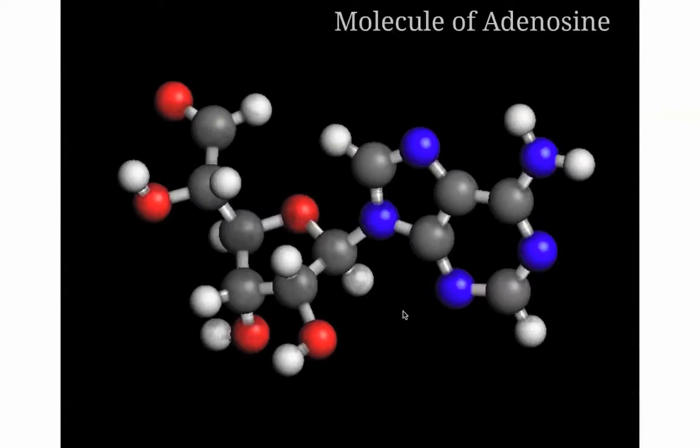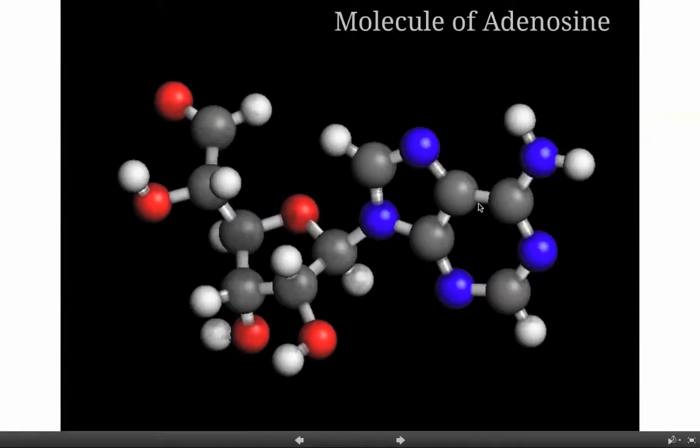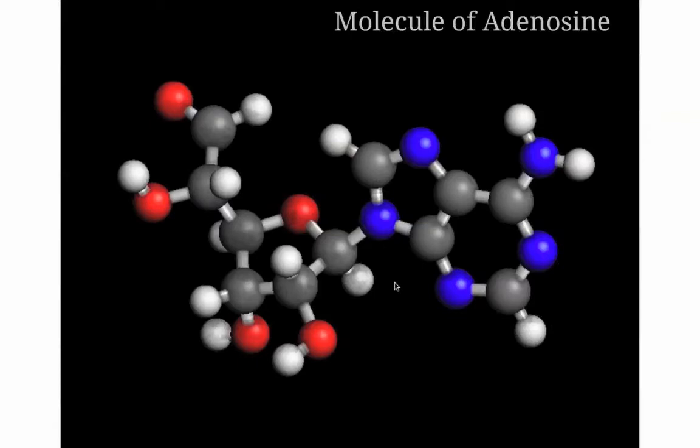This is the molecule that makes up one of those letters in our genetic code. It's the letter A, adenosine. Each of these little balls here is an atom, and the sticks connecting the balls are the bonds that hold these atoms together. This concept of atoms and bonds we'll get to soon.